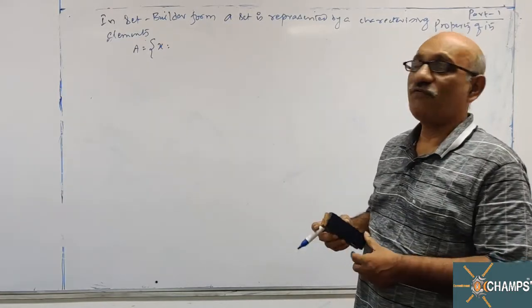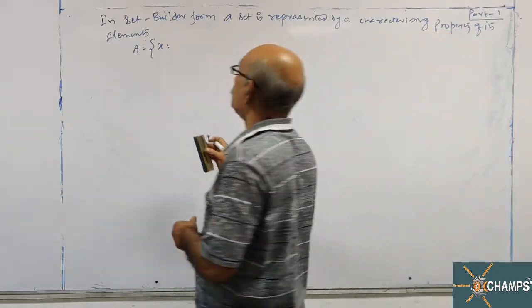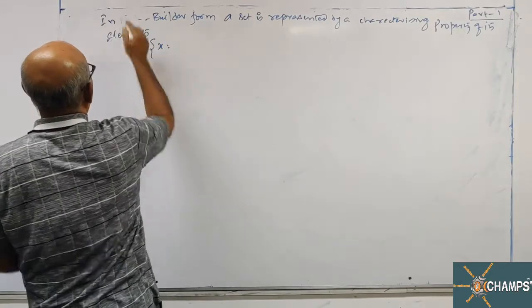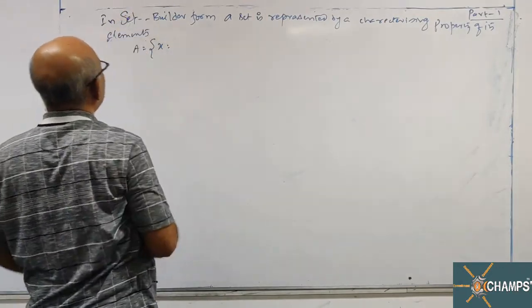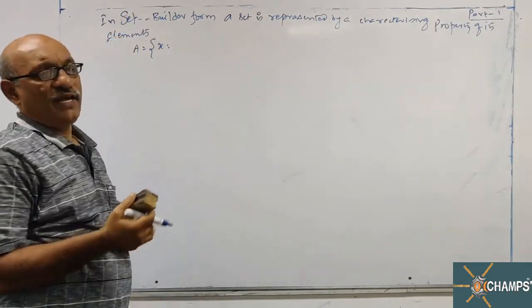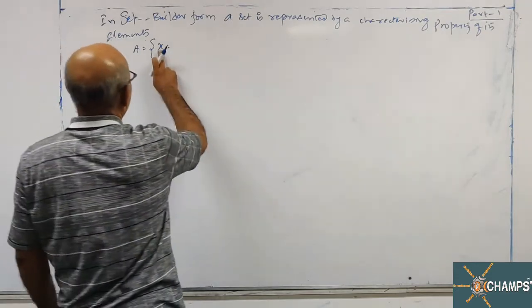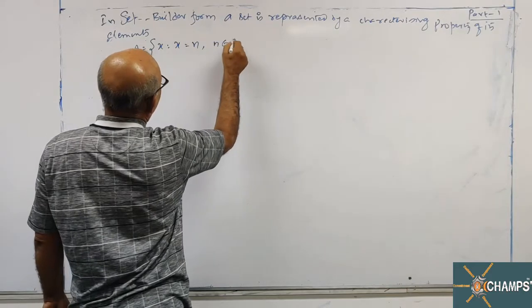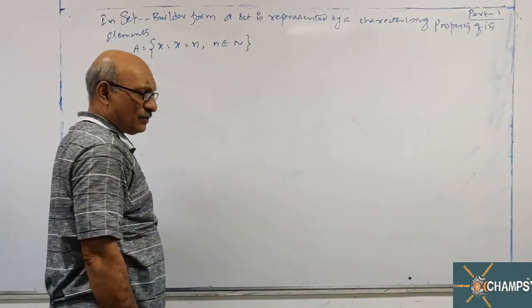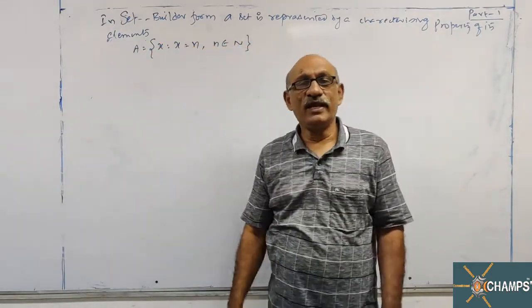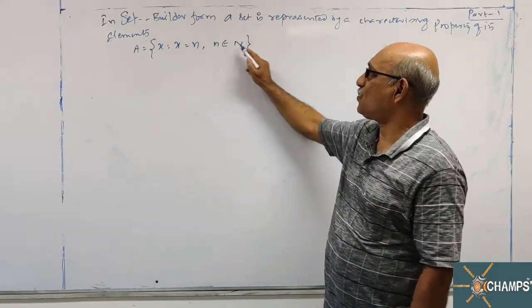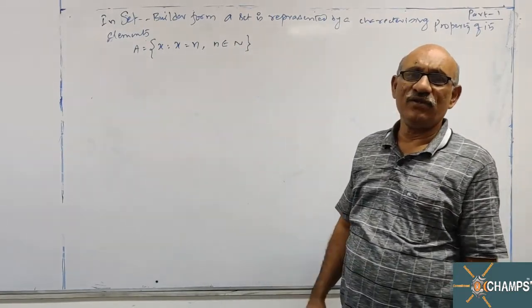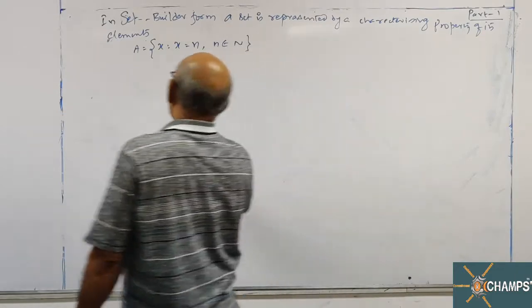In a set builder form, what I am doing? I am representing the way in which elements can be generated. X is an element in this set. How I will get X? X is equal to n, comma, n belongs to natural numbers. So, when I am taking natural numbers 1, 2, 3, 4, the elements are automatically generated.